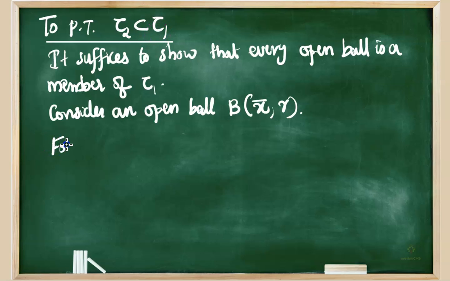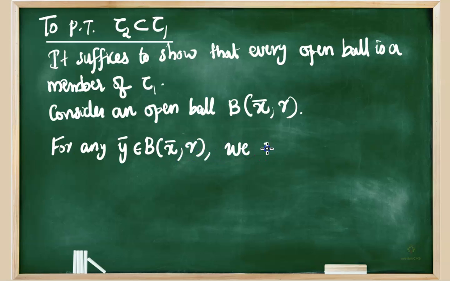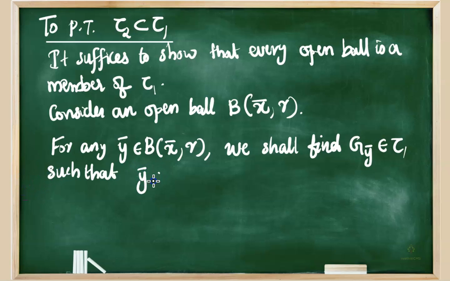Now for any point y bar of our open ball B(x bar, r), we are going to find some G_y bar from τ1 such that y bar belongs to G_y bar and G_y bar is contained in B(x bar, r).